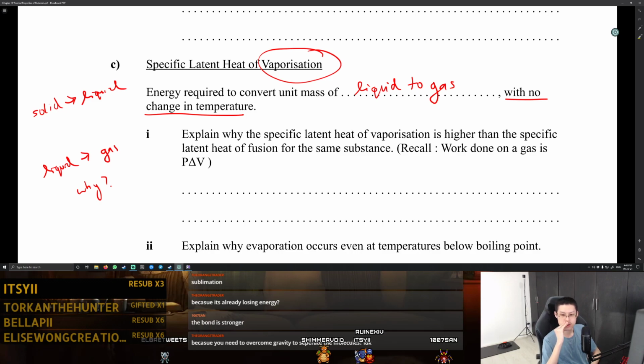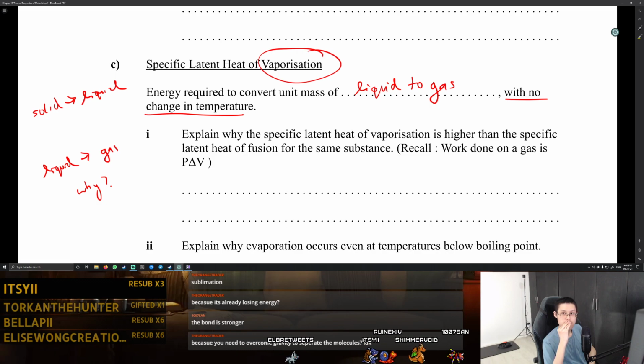The bond is stronger. Let me think. I'm not sure whether the bond is stronger plays a part here. It might very well be true, but I'm not sure if that is the reason for it. Yeah, I don't think that's the reason for it. Because you need to overcome gravity to separate the molecules.